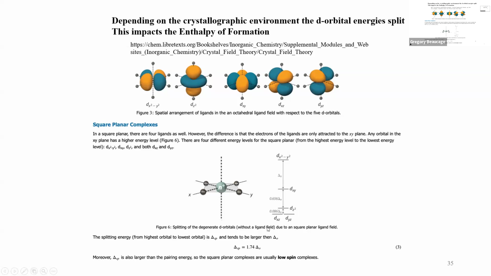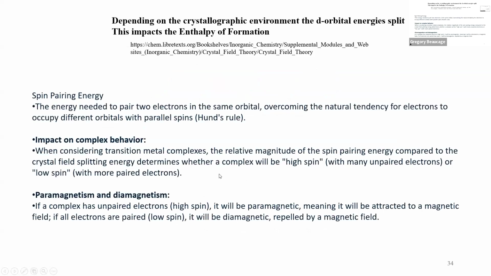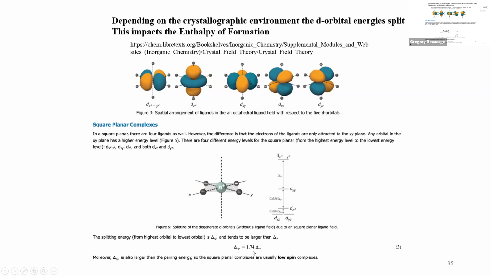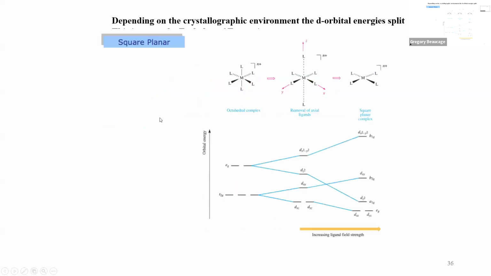So it looks like that. That is going to be higher energy, so the tetrahedral is a lower energy gap than the octahedral, and the planar is a higher energy gap, 1.74. This just shows a transition from octahedral to planar, how that would transition in a metal.